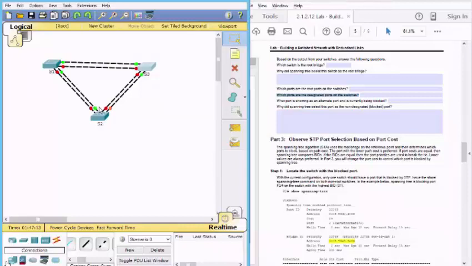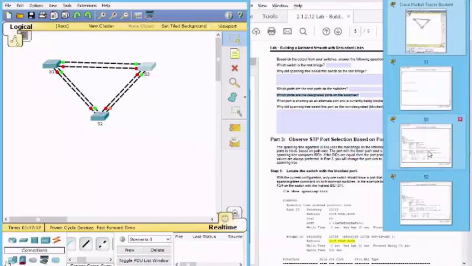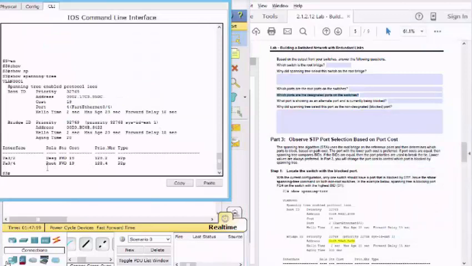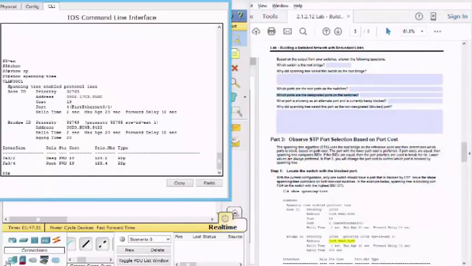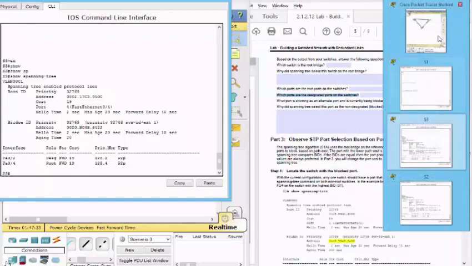And then we go to switch 3. We see that Fast Ethernet 02 is the designated port, and 04 is the root port. 02 designated and 04 root port. Here is switch 3.